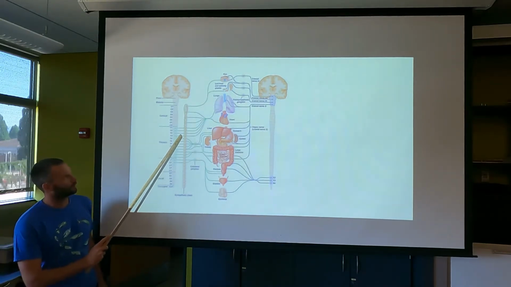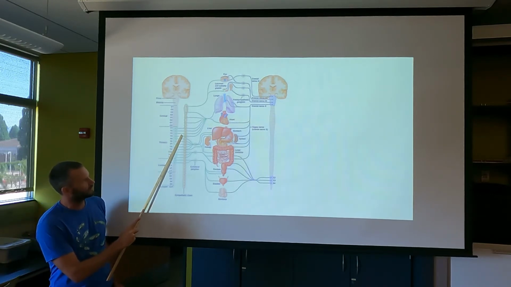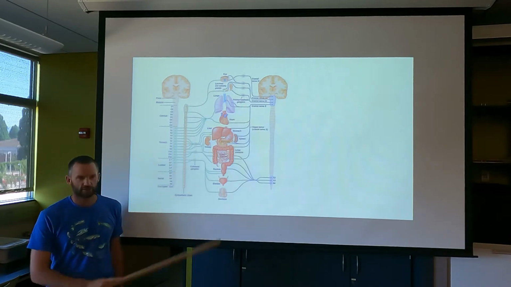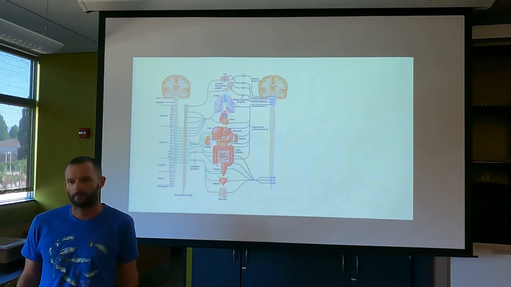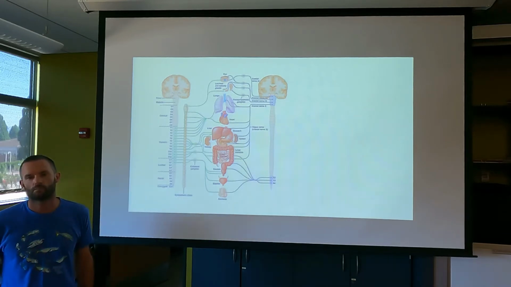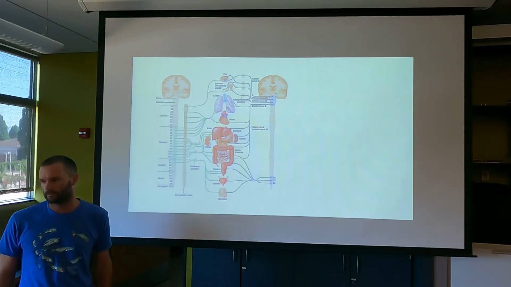What's the neurotransmitter that's released by this preganglionic sympathetic neuron onto the postganglionic sympathetic neuron? It's acetylcholine.